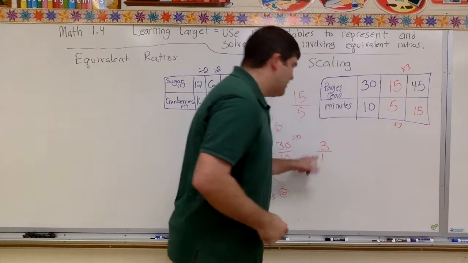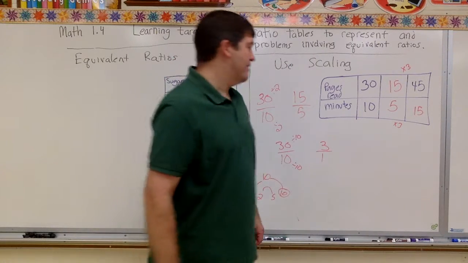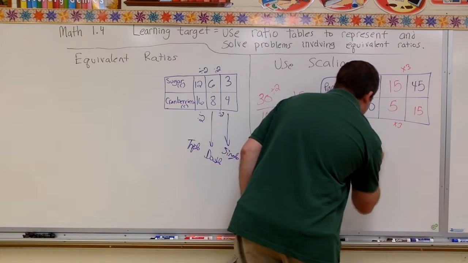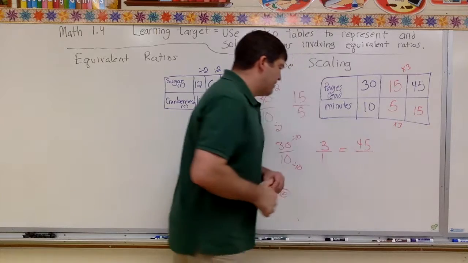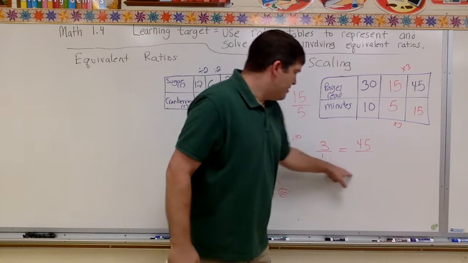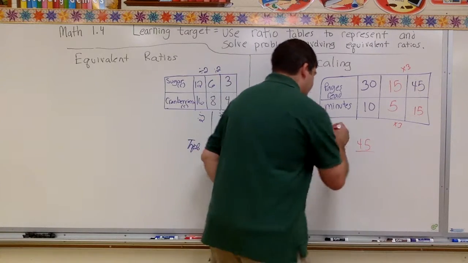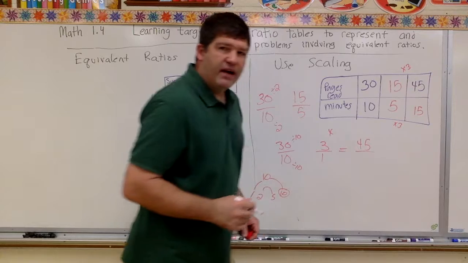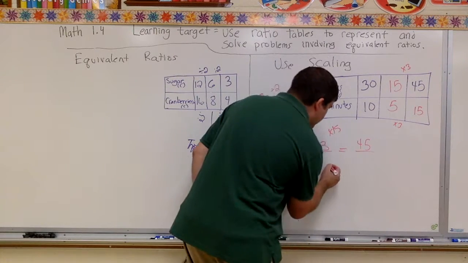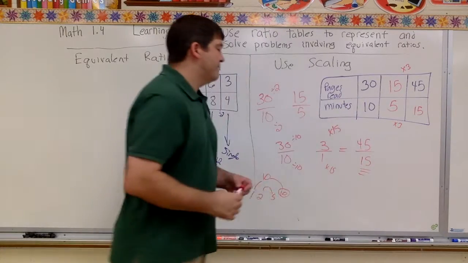So it's 3 to 1, 3 pages, 1 minute. So then I want 45 pages, and 1 times whatever that is. I have to figure out 3 times what equals 45. 3 times 15 equals 45. So, times 15, there you go.